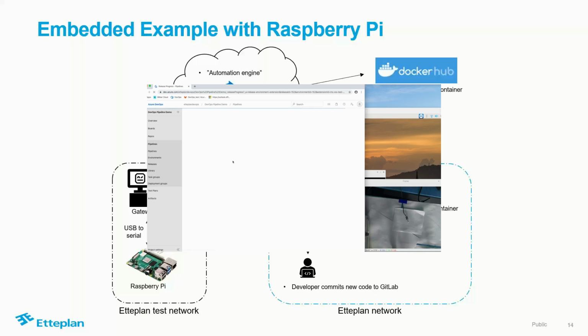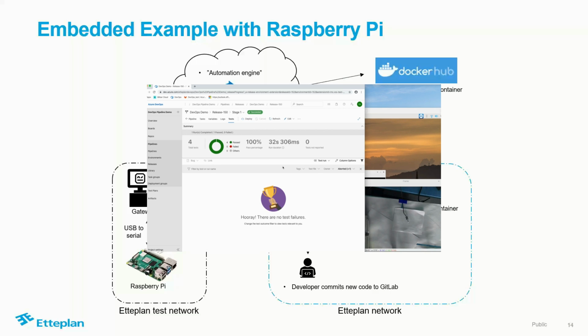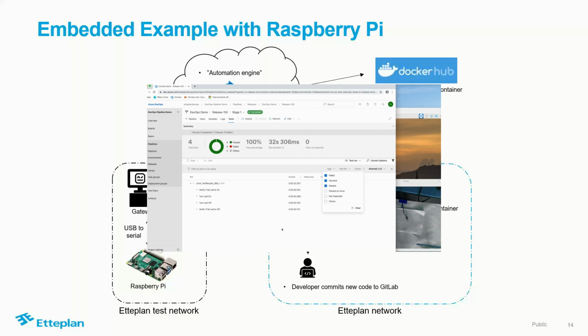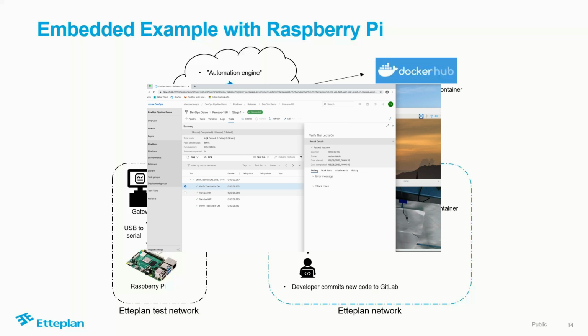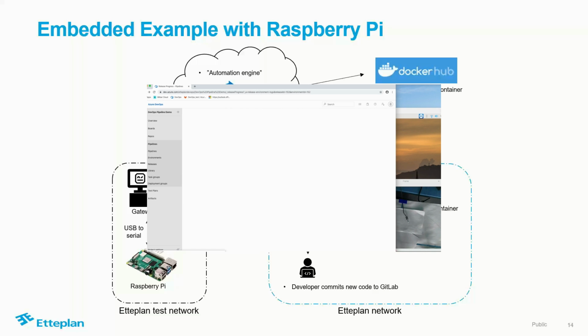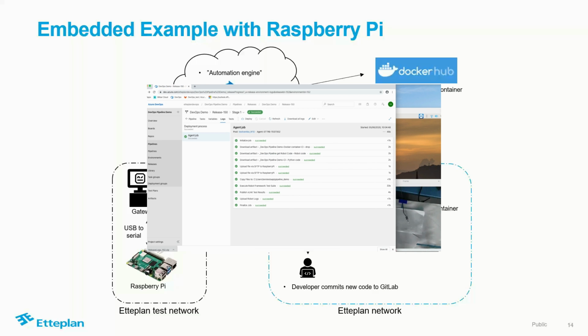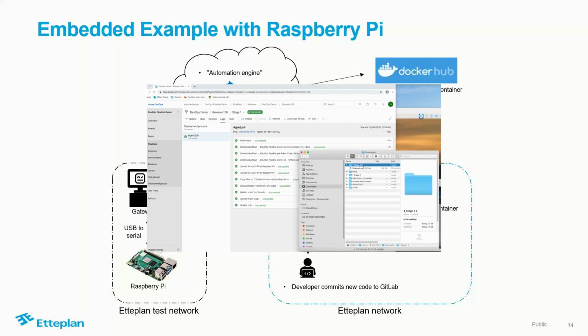We can go into the tests tab and refresh the page and see that our tests have been passing, and there you can see the actual test results also for each test step. And then if you are more interested in further details, you can also dig to actual test logs that are available from Robot Framework.